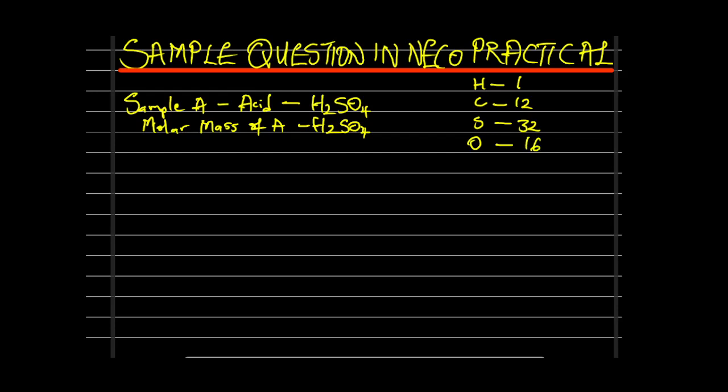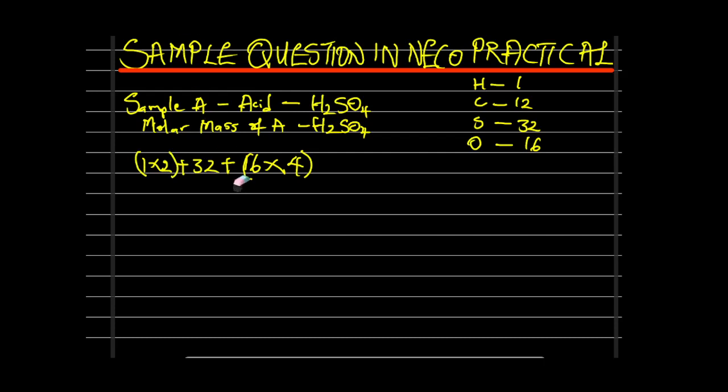So this is how to calculate the molar mass. For H2SO4, our H is 1, so we have 1 times 2, plus S, which is 32, plus our O, which is 16, but our O is in 4 places.